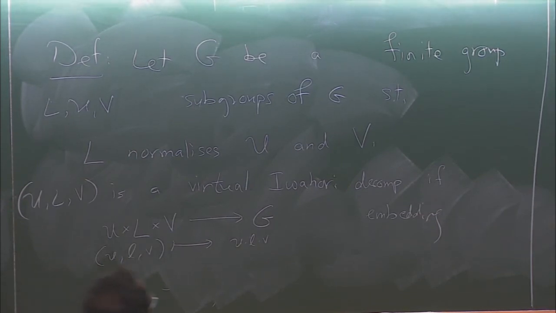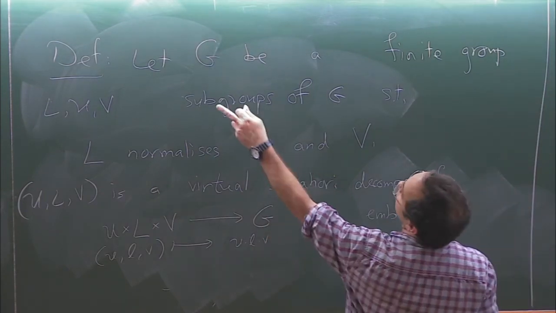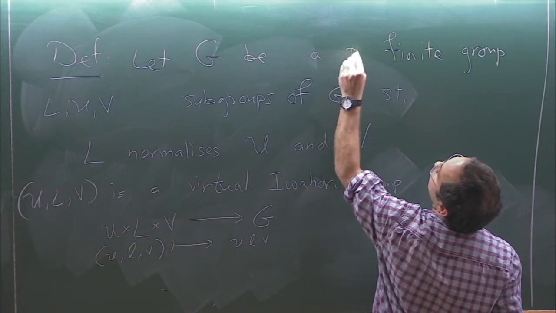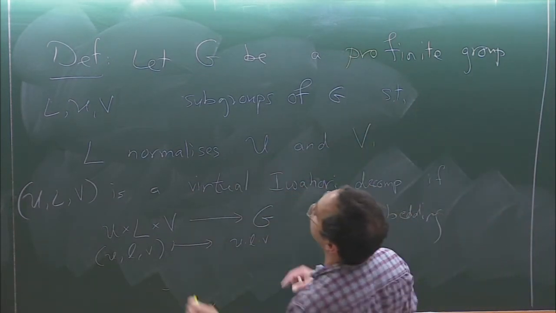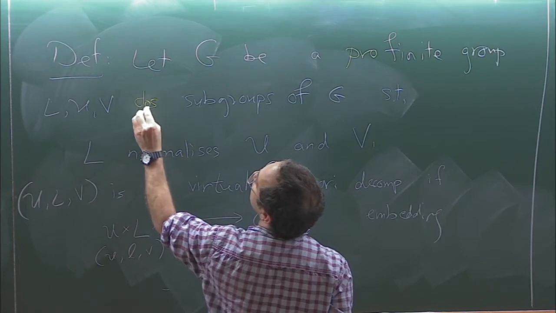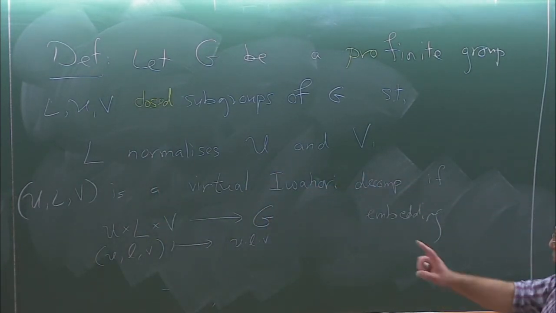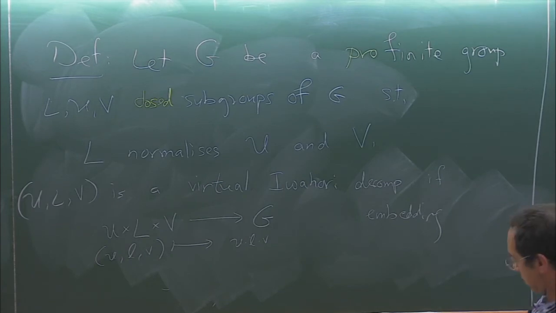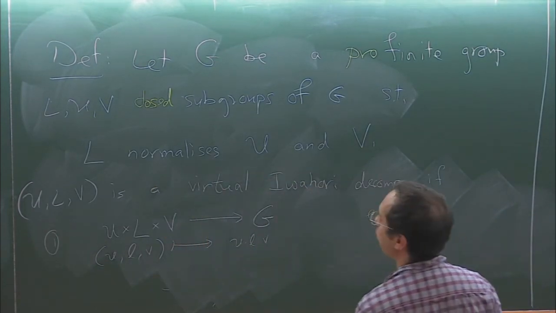So let me adjust this definition a little bit. So let G be a profinite group, and L, U, V be closed subgroups. Then U, L, V is a virtually Iwahori decomposition if one, this is an open embedding.